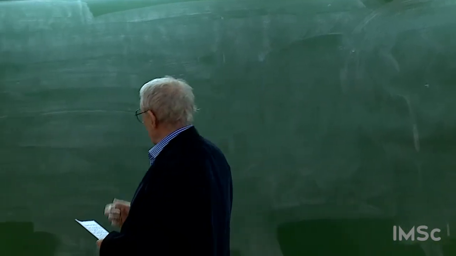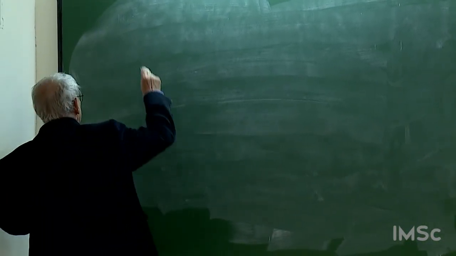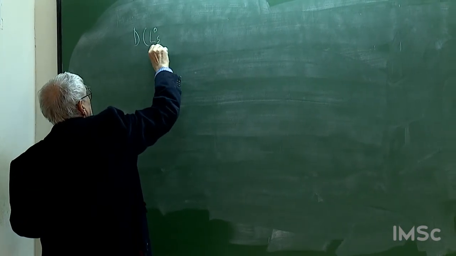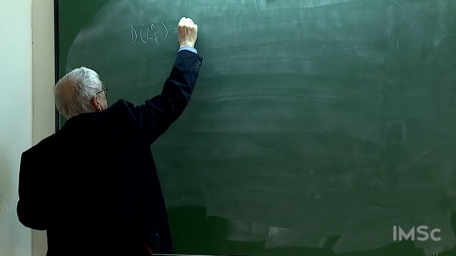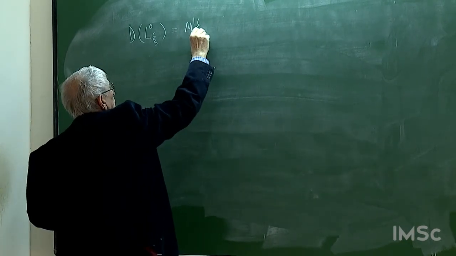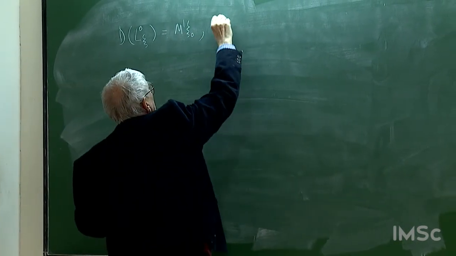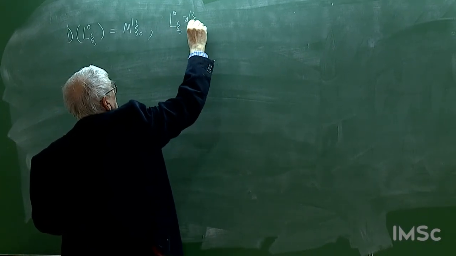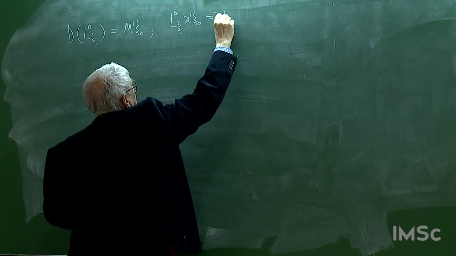So we preserve the notations we introduced here, namely the domain of the operator L0 xi is equal m prime xi 0, and L0 xi of x prime xi 0 is equal x xi.